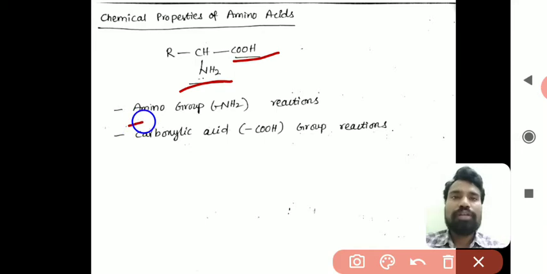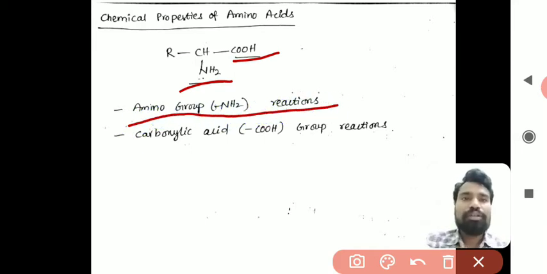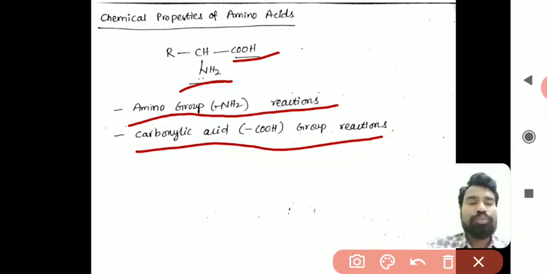One is amino group reactions, meaning reactions which are shown by the amino group only, and carboxylic acid group reactions, meaning reactions which are shown by the carboxylic acid group. So these two groups' reactions come under the chemical reactions of amino acids.